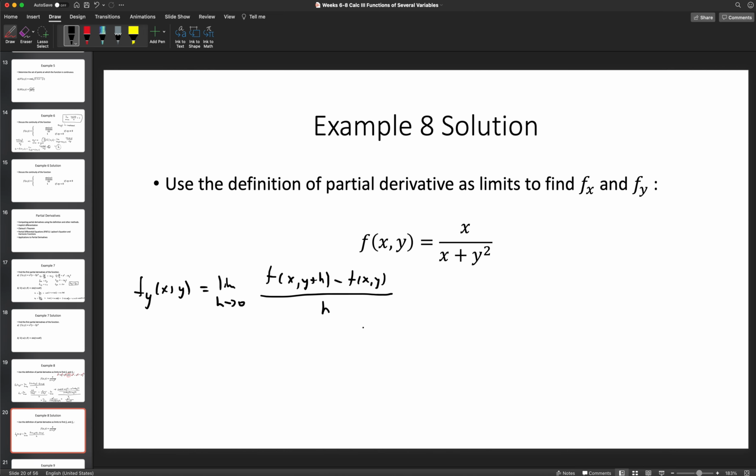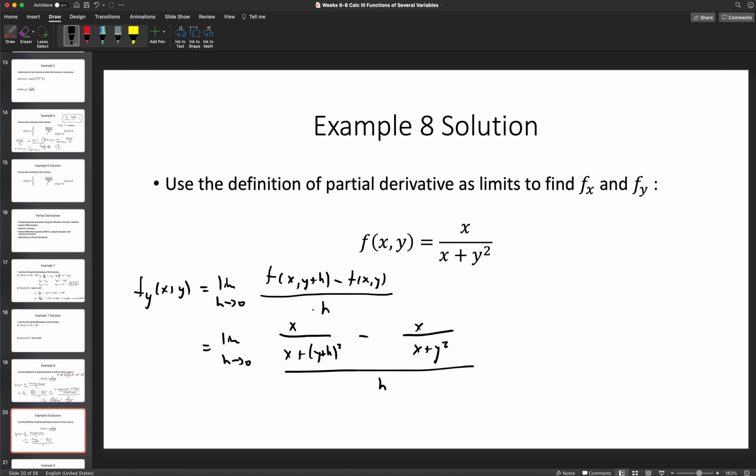Okay, so let's try to compute that. So we get x over x plus y plus h quantity squared minus this. Okay, and the LCD there is going to be x plus y squared times x plus quantity y plus h squared.